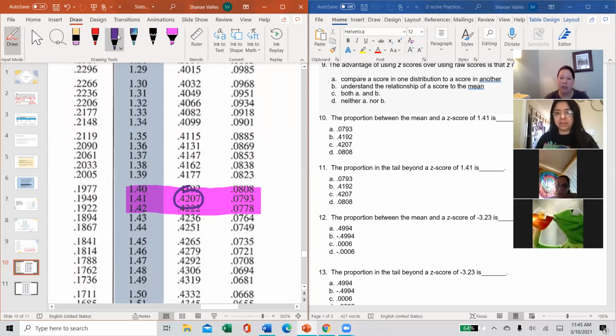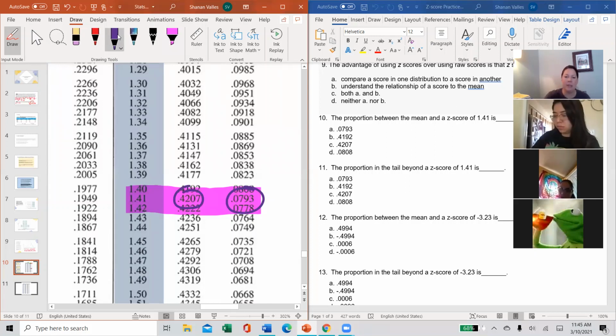And then the next question, the proportion in the tail beyond the z is 0.0793. Once you do this a couple of times, it becomes super easy.